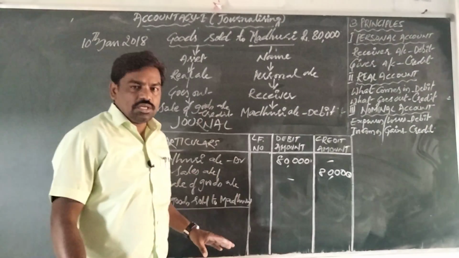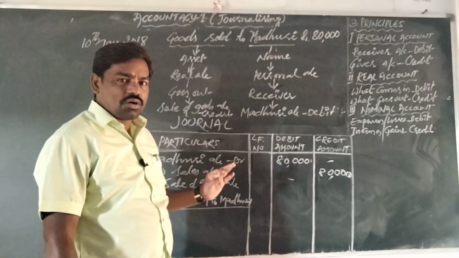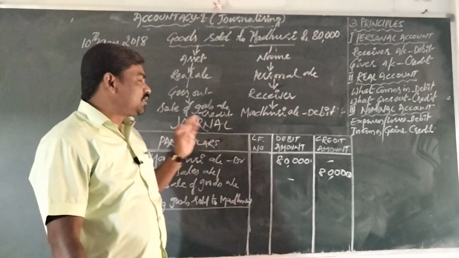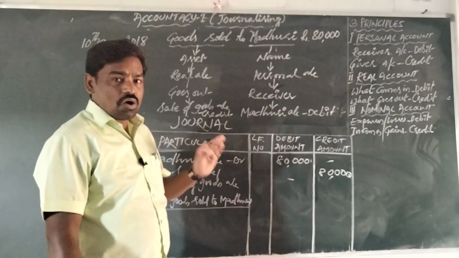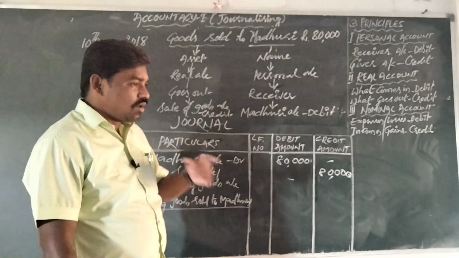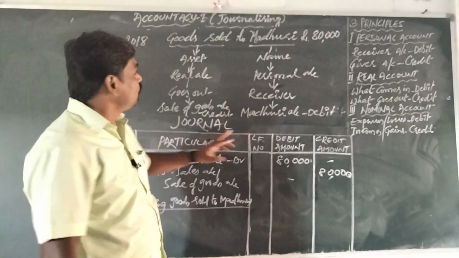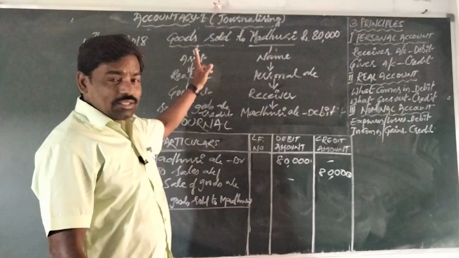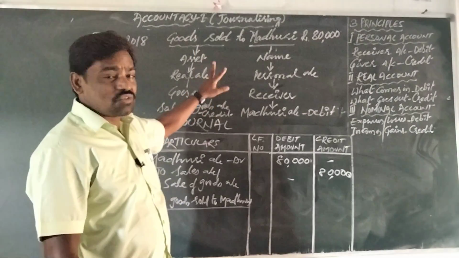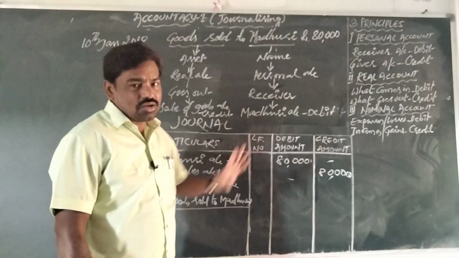So what is the process here? First, you must know three types of accounts and their principles. Then you must be aware of the dual aspect concept. After that, you read the given accounting transaction. After reading it, you must find two aspects as per the dual aspect concept.